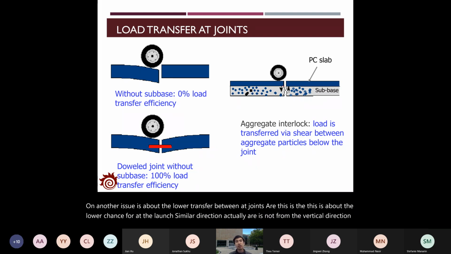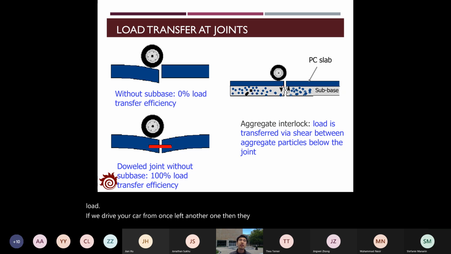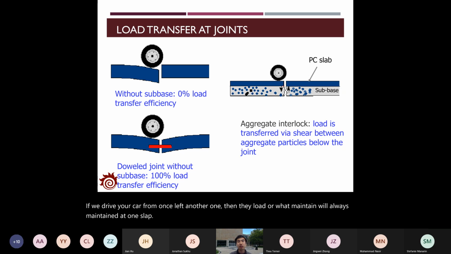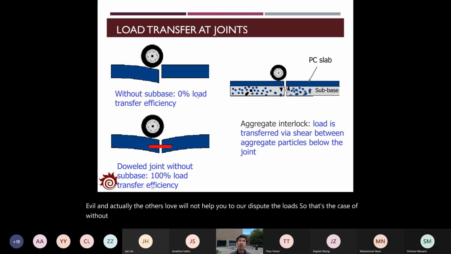So here we know that if we don't apply any joint between the slabs, and you drive your car from one slab to another one, the load will always remain at one slab. The other slab will not help you to distribute the load. So that's the case without the joints, and 0% of load will be transferred from one to another.